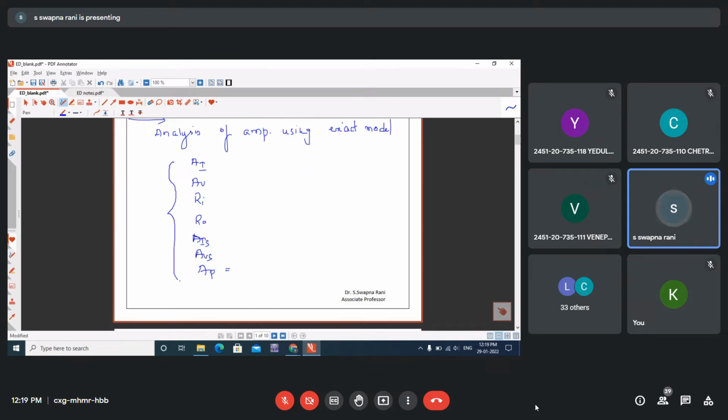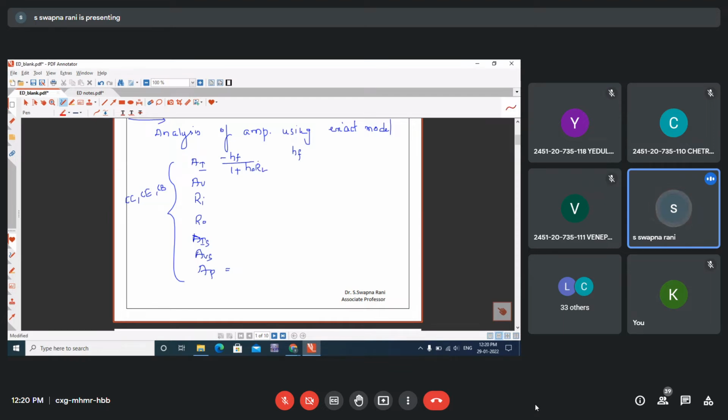So these are the equations which can be used for all the three configurations CC, CE, CD. Wherever any HF or HR is there, like minus HF by 1 plus H naught into RL, this is the general expression.